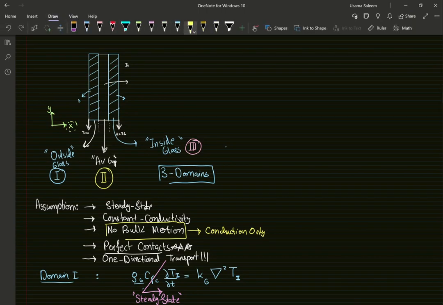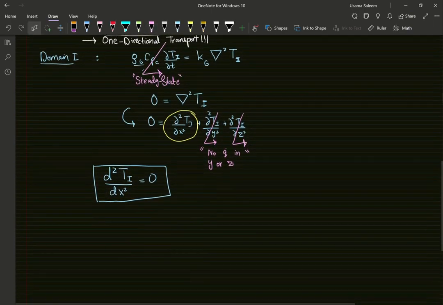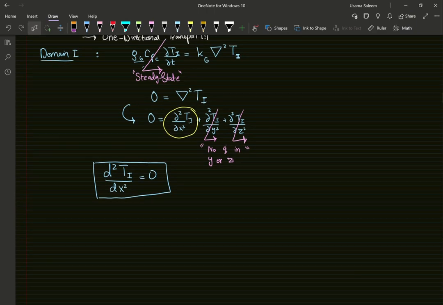Both of the other domains are also steady state, and there's also one-dimensional heat conduction. Which means I'm going to apply the same assumptions, steady state and one-dimensional heat transfer. The other two equations are just going to pop out, as, wait for it, voila.